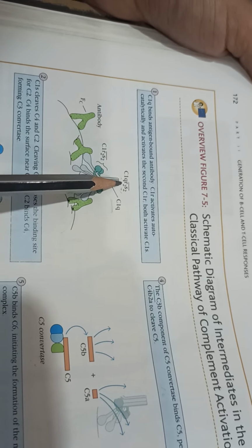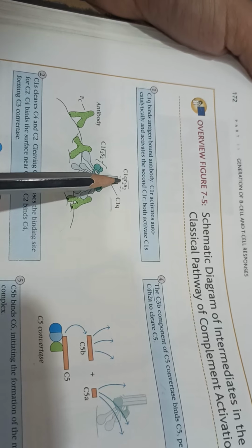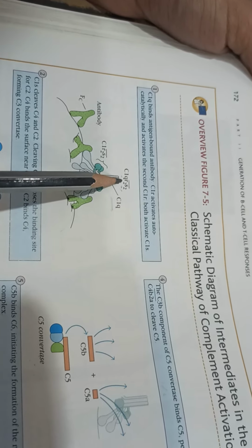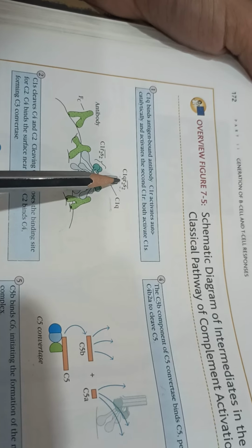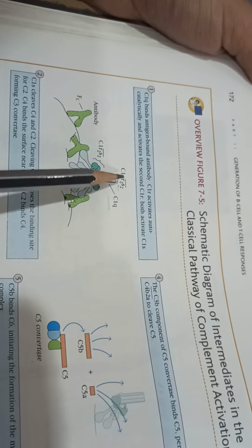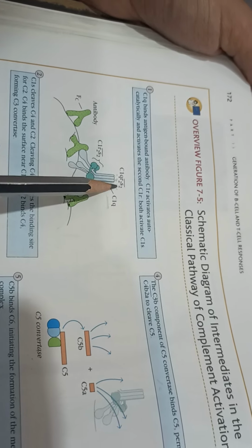Now C1R undergoes autocatalysis, activating the other C1R. We have two C1Rs here, remember that. So both the R's are going to activate C1S.